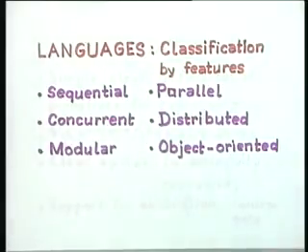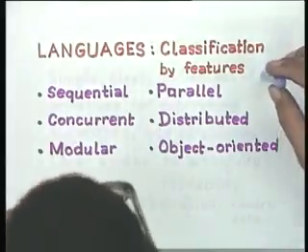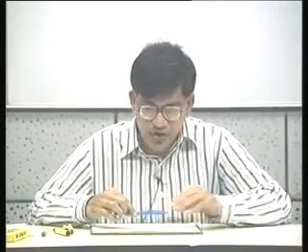You could also classify languages by features, in the sense of what is the most glaring feature in the language. A large part of our languages are really what might be called sequential languages.